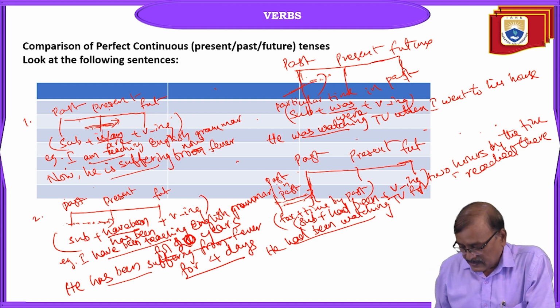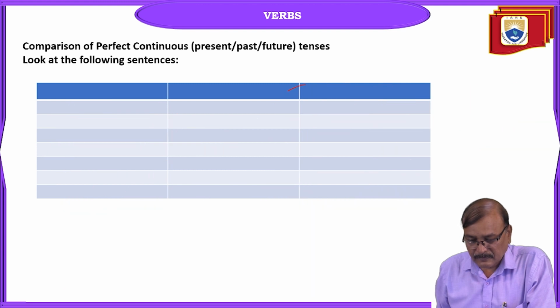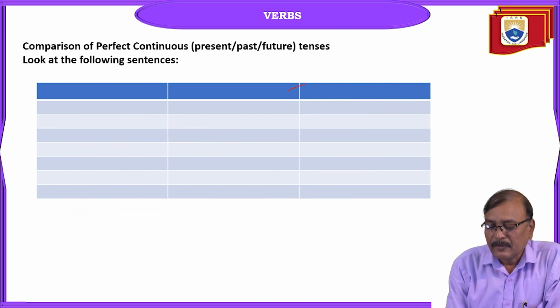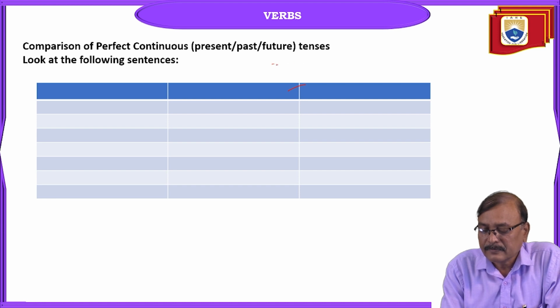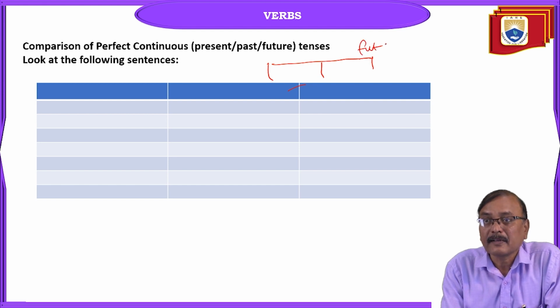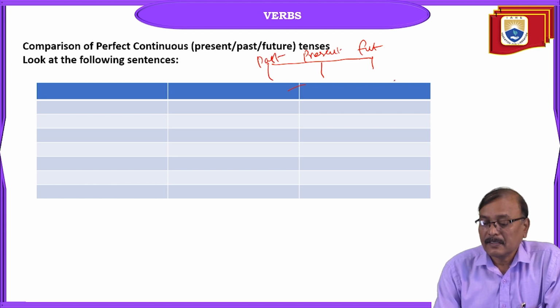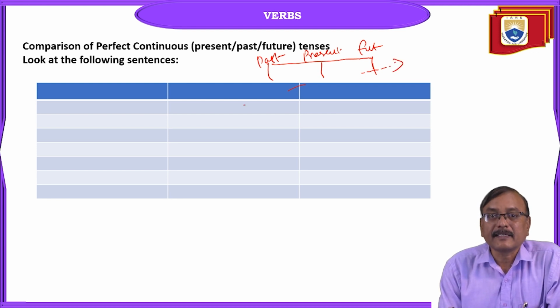Okay, in the same way, future continuous also. So if you take it as a, here, this is future, this is present, and this is past. Okay, see here, future continuous means actions continuing at a certain time in future.